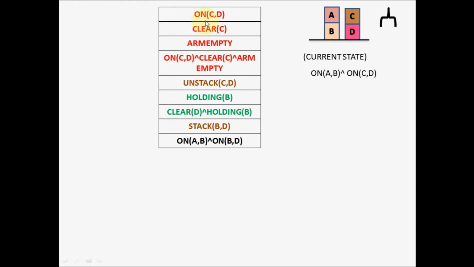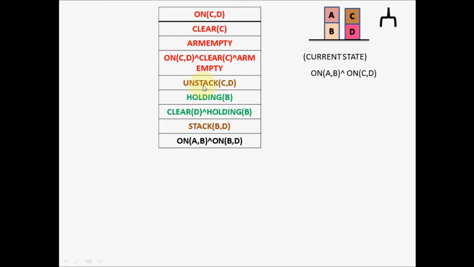So when all the preconditions are true with respect to the current state, you have to keep popping all the predicates till the action is revealed. Then two things will happen. Whenever an action is eligible for execution, like in this case, since all preconditions are satisfied, the unstack C comma D action can be taken now. After deleting all the satisfied preconditions, when the unstack action is revealed, two things will happen.